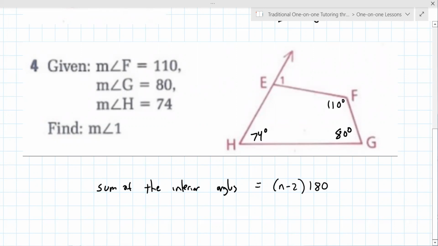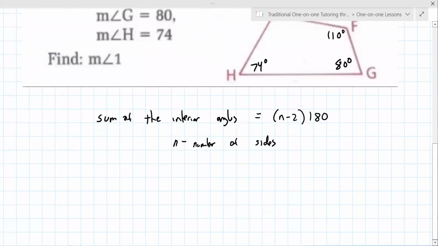Yes. Okay, that is the sum of the interior angles formula. And n represents the number of sides. Now what's nice is it works for a triangle. So in a triangle, you have 3 sides.